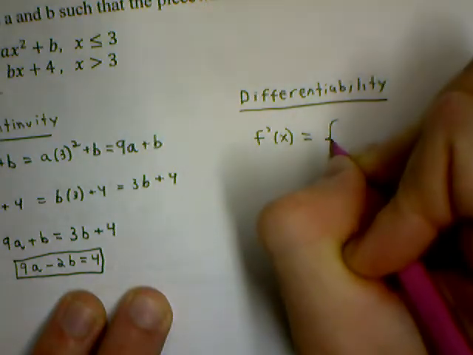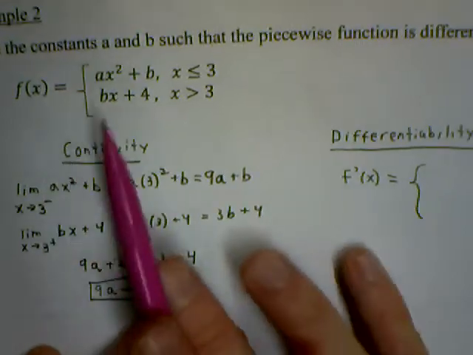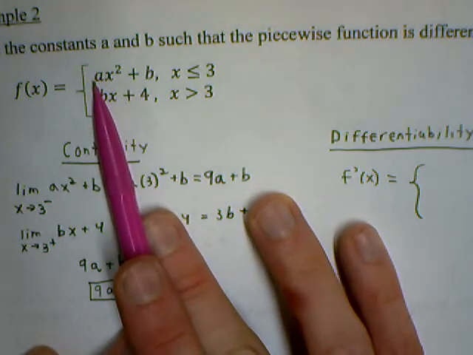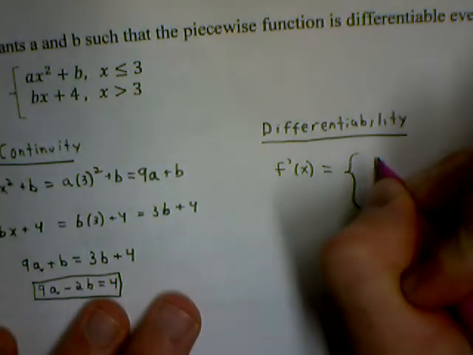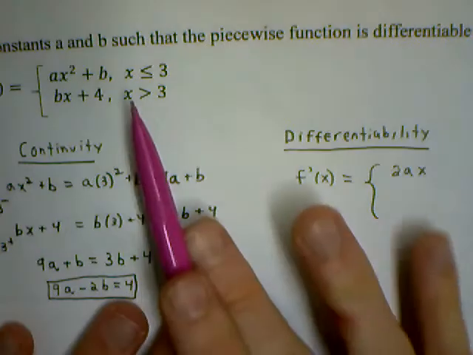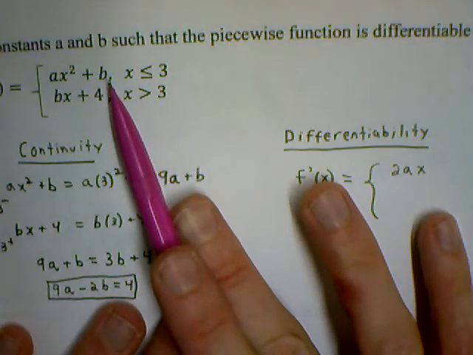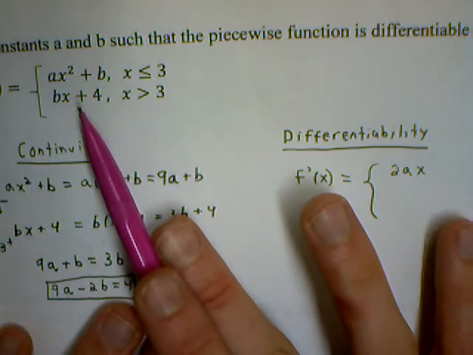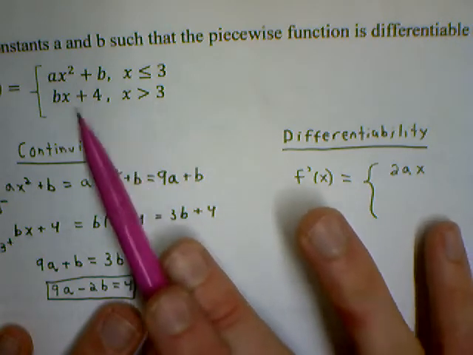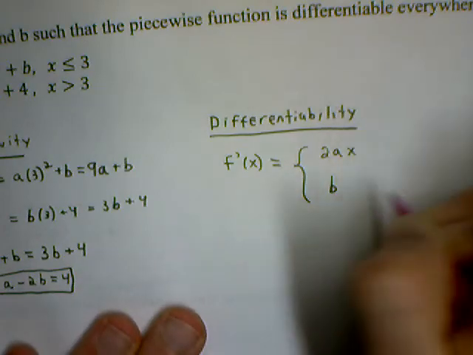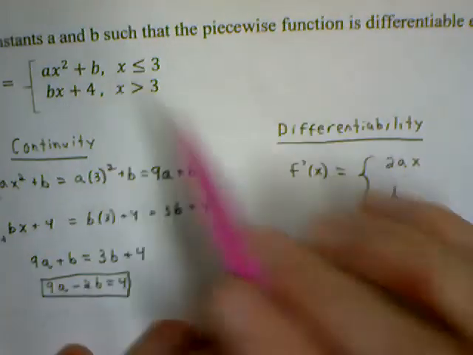Now, a is a constant, so you bring the 2 to the front and multiply it with a. So I get 2ax. Now, b is a constant, so the derivative of b is 0. Now, in the second part of our piecewise function, the derivative of bx is just b. The derivative of 4 is 0.